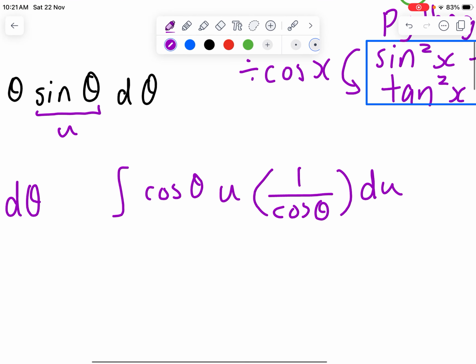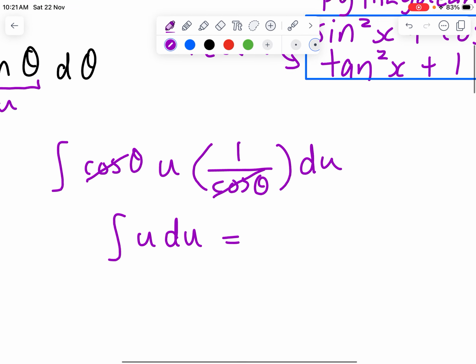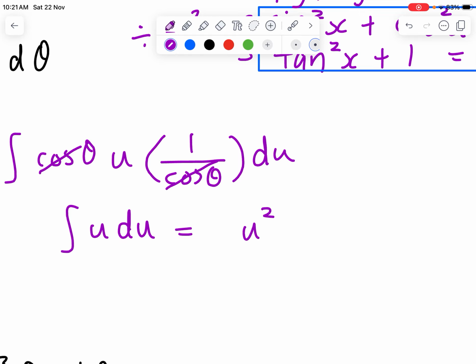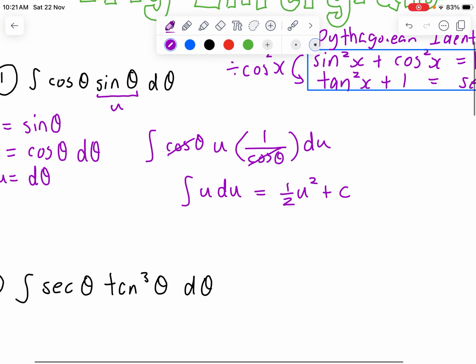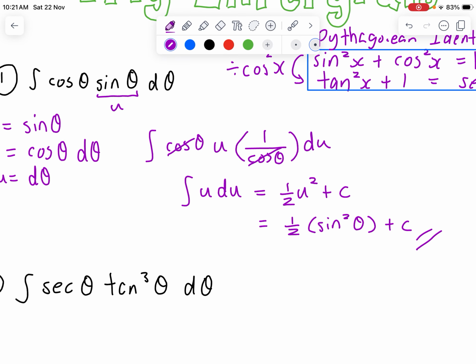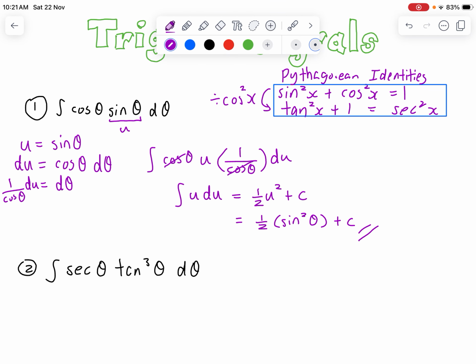Notice I can beautifully cancel out the cosine theta, so I'm left with u du, which is very simple to integrate. That's u squared divided by 2 plus c. When we're here, always make sure to plug back in the u, which is sine in this scenario. So there you have it, that is our answer. Nothing too hard for this problem.